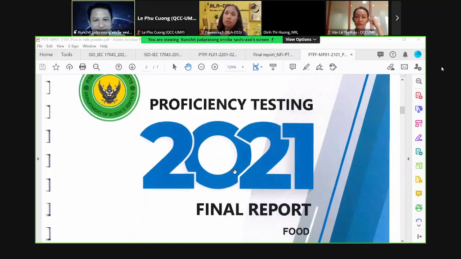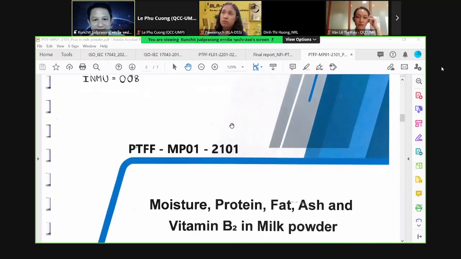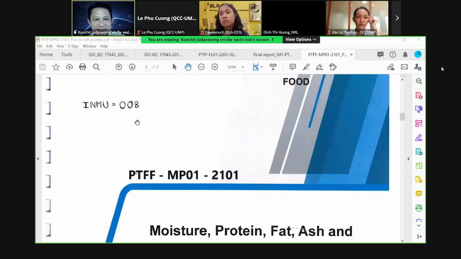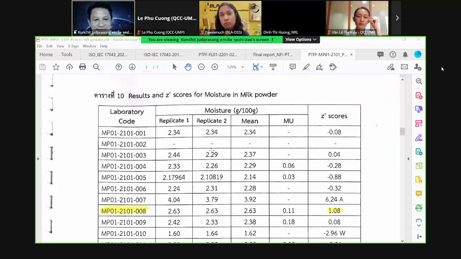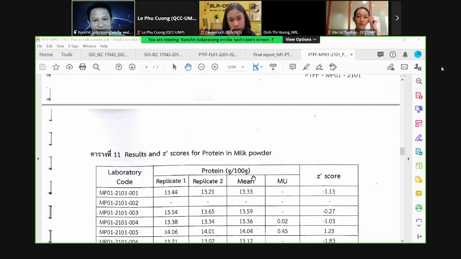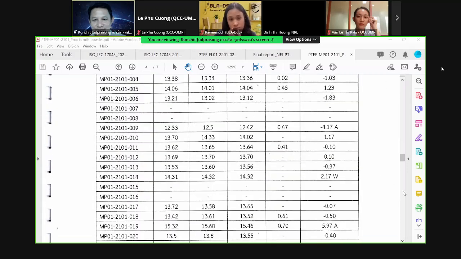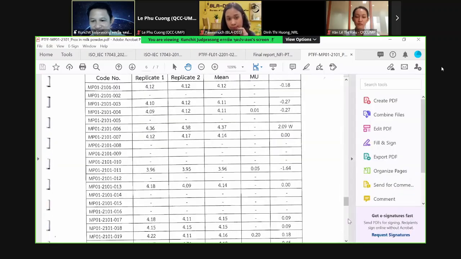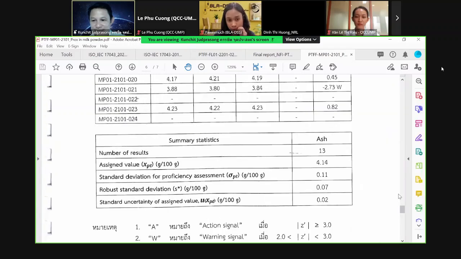For the final report, we have it like this. This is the final report. You can see my lab is here, marked by hand by me. You have to separate moisture in 1 table, protein in 1 table, ash in 1 table. So it means you have to have many tables for one report.